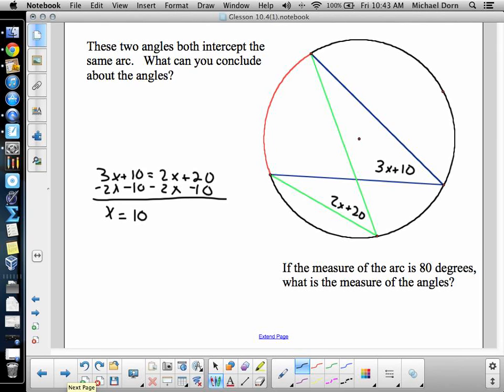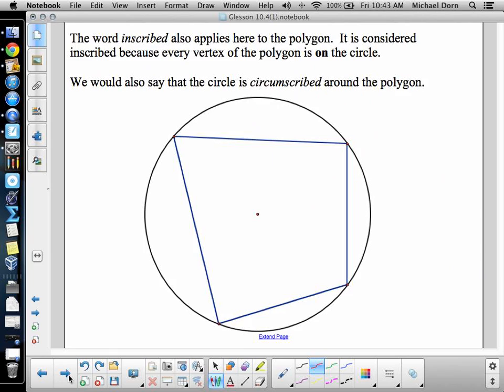Each angle is 40 degrees, which means this arc would have to be 80, twice as much as the angle. 2 times 10 is 20, plus 20 is 40. 3 times 10 is 30, plus 10 is 40. See? And I actually had an example where the measure of the arc is 80 degrees. Sometimes I'd rather be lucky than good.